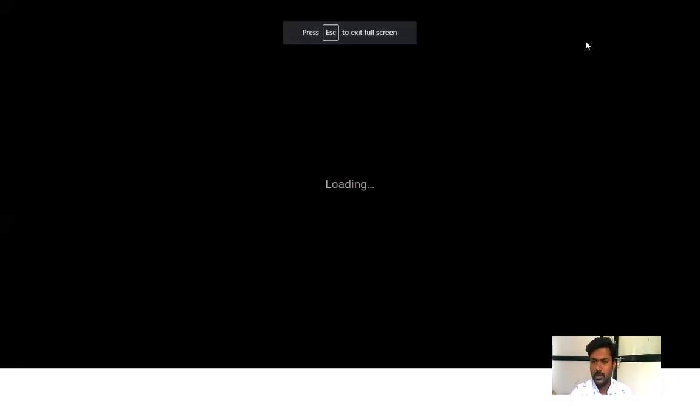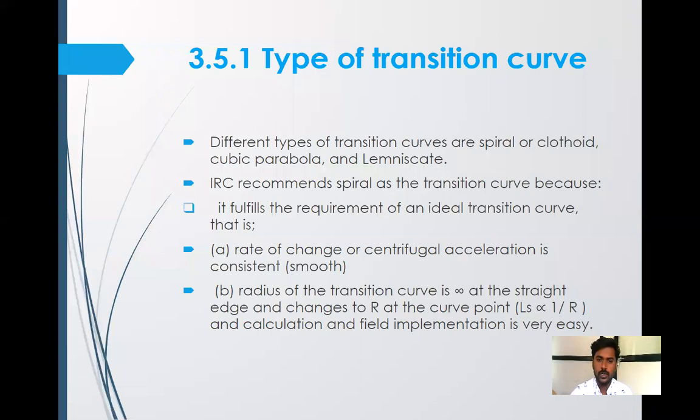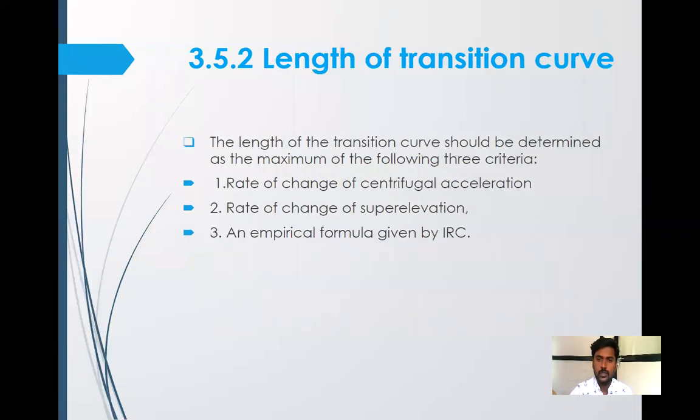The next part you will see now. We have drawn this diagram in the last lecture as well. The length of the transition curve should be determined as the maximum of the following three criteria.